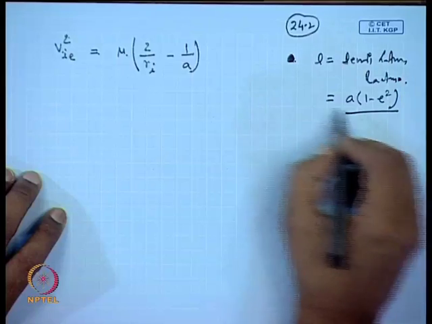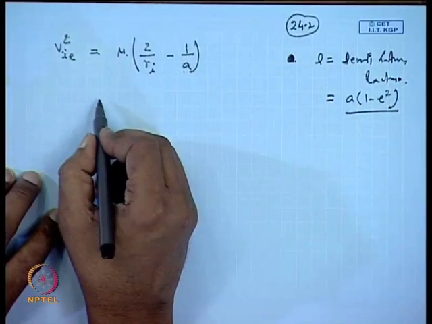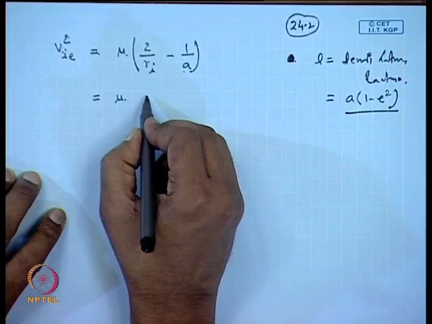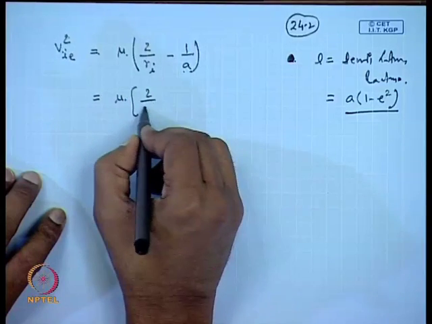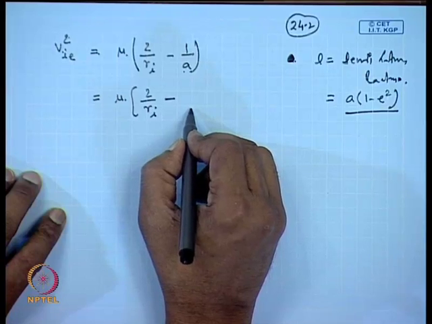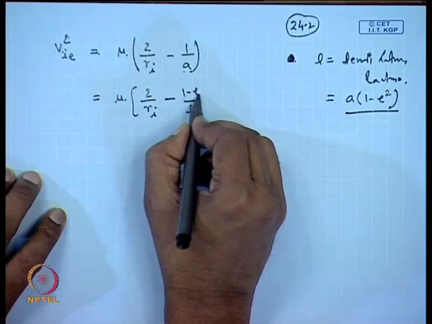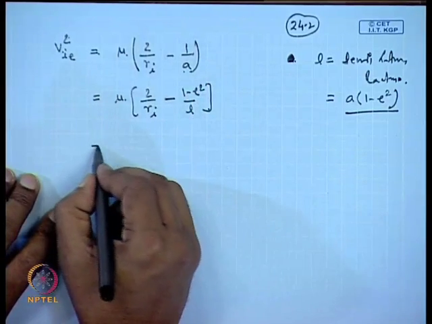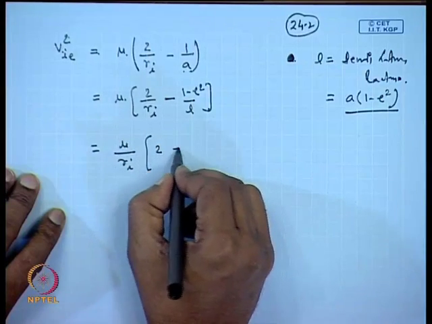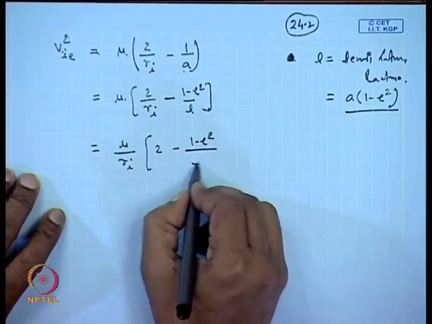So, we insert here 2 by r_I, and a will be L by 1 minus e squared. r_I we can take outside, and we can express it like this.